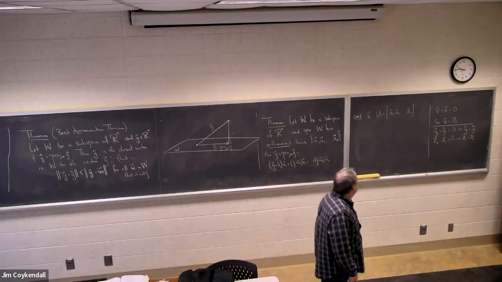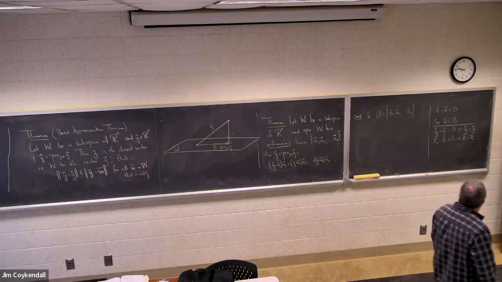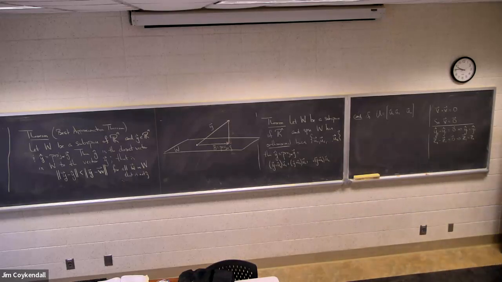by the way, what kind of columns does this matrix have? I built the columns out of the basis elements. So what's true about the columns of this matrix here? This matrix has orthonormal columns, right?